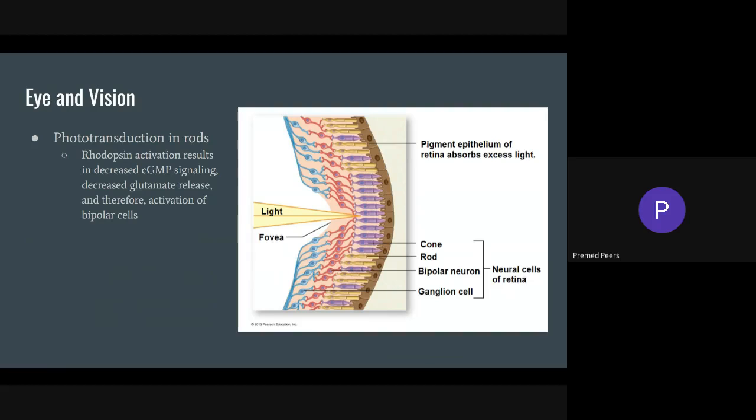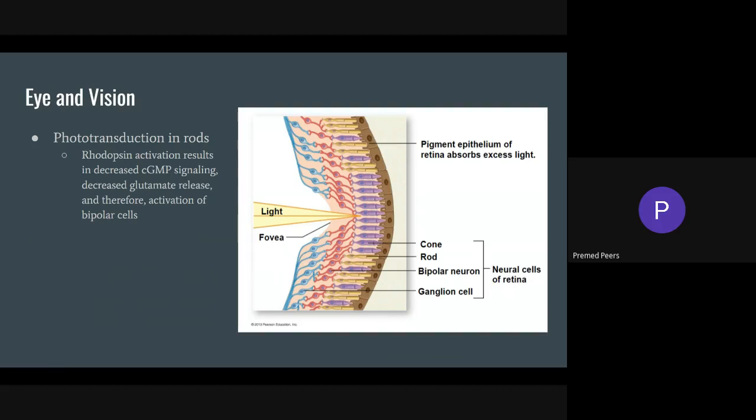Cyclic GMP you probably are familiar with because it's a very common signaling molecule. Usually cGMP levels are high in these rods, but when the rhodopsin becomes activated by light, you have decreased cGMP signaling. The decreased cGMP signaling causes the rods, which are normally releasing glutamate, to stop releasing it.